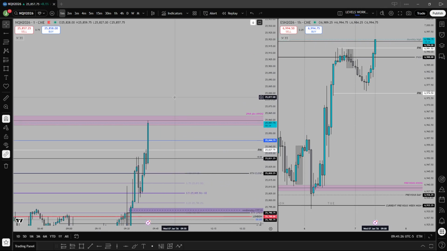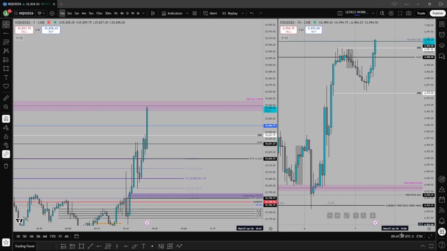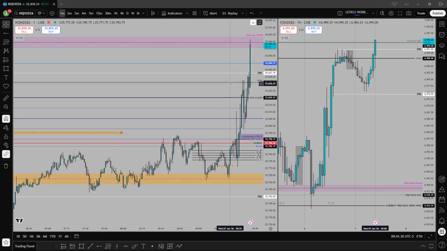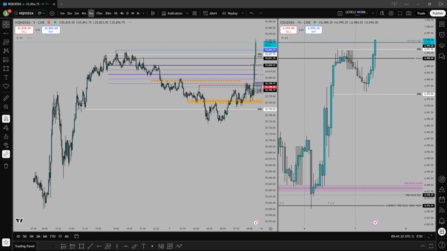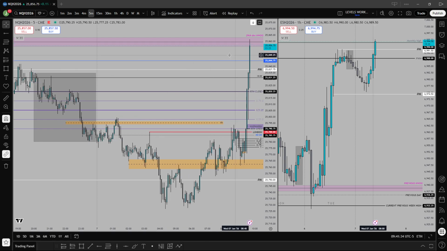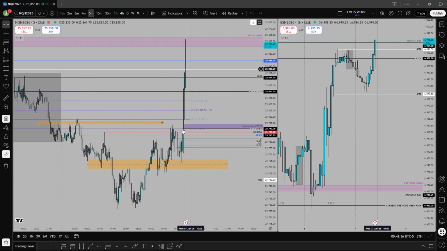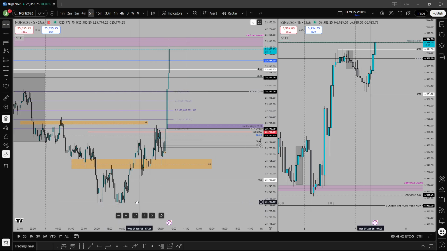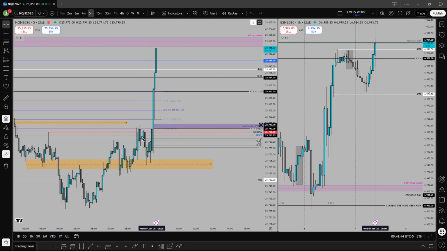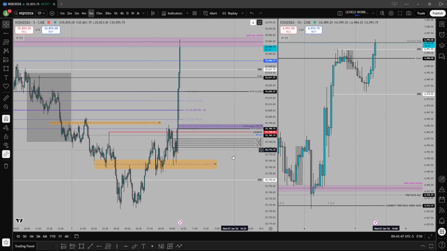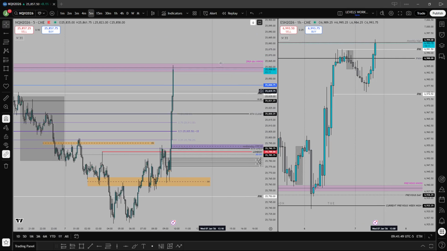So the target's been tapped like even before 10. This is what I was looking for, but I just wanted price to like go below these. I like the reaction and both our targets have been met.